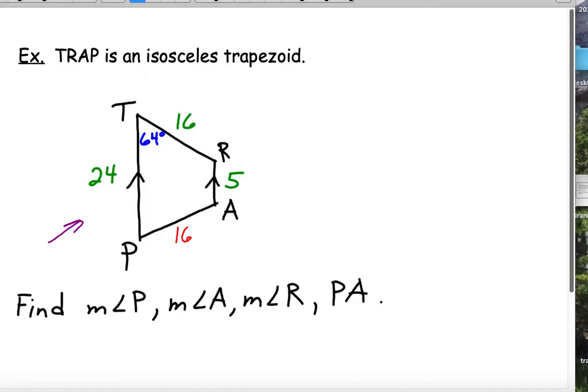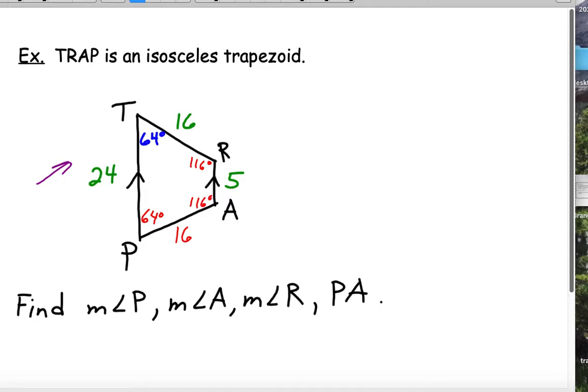I also know the base angles are congruent, so 64, this would be 64. And I know between the parallel lines, these are supplementary, so these add up to 180. So 180 minus 64 is 116 degrees, and so is this one, 116 degrees.